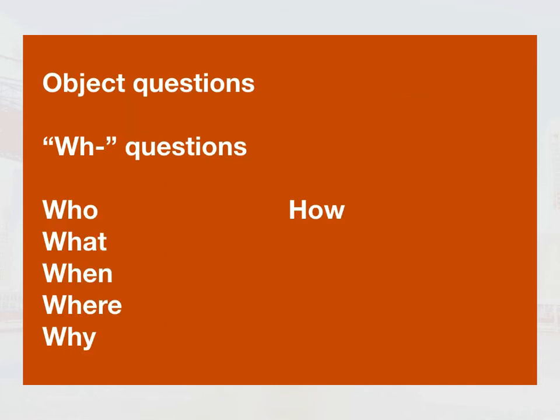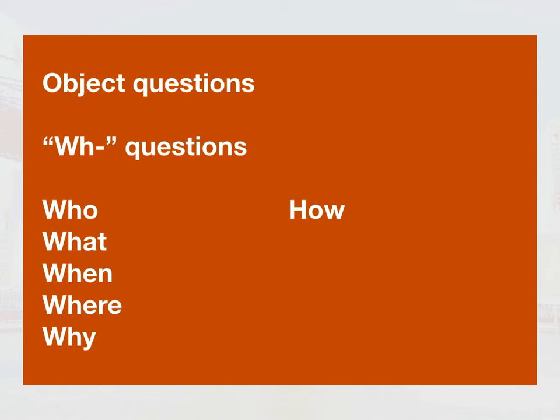Object questions. Object questions we often think of in English as WH questions because they'll often use one of these words at the beginning. Who, which we also use with subject questions, of course, what, when, where, why, and how.